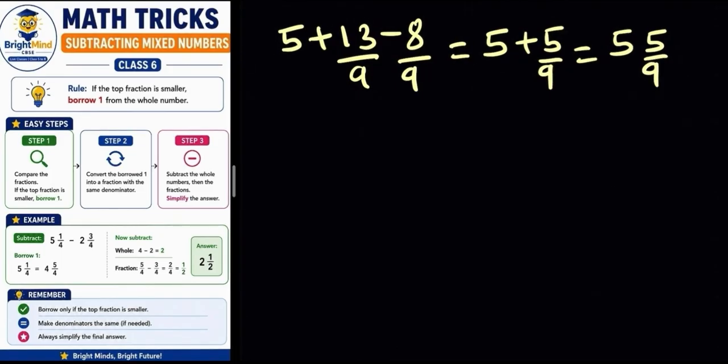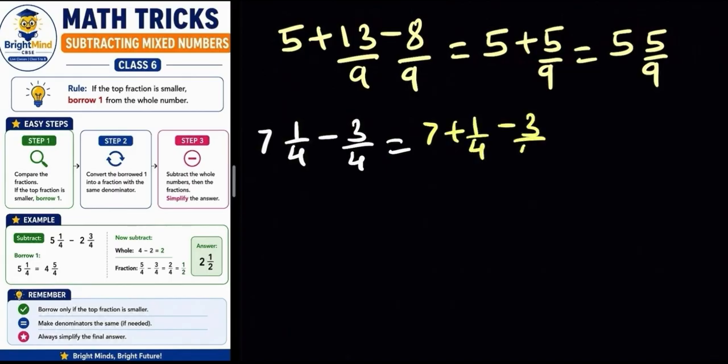7 and 1 by 4 minus 3 by 4 equals 7 plus 1 by 4 minus 3 by 4. Now here also let's break the 7 into smaller numbers.